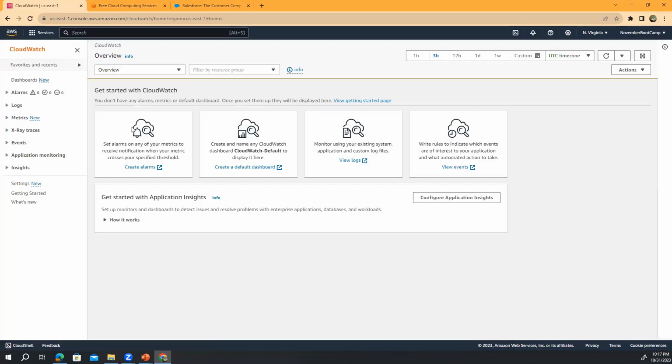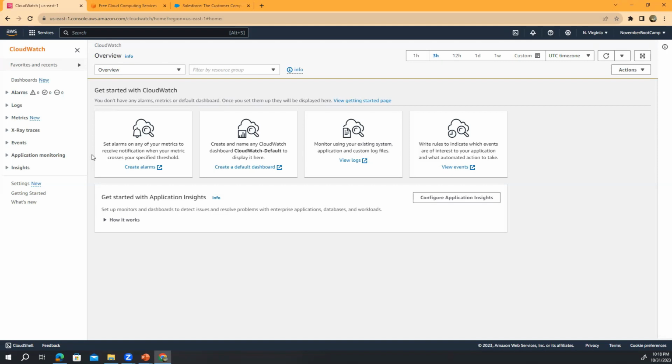When you go to CloudWatch, I can have the option of setting some alarms. Alarms in the sense, suppose you are exceeding your budget, and you want to put a limit to ensure that the budget does not cross, and that you are alerted. Then you can have the option of creating these alarms here. Okay, so these are the things that you can do here.